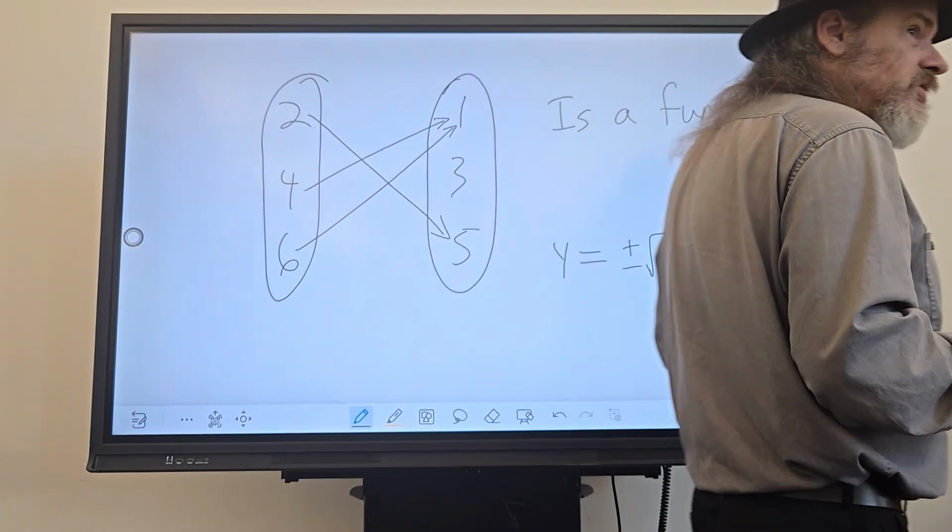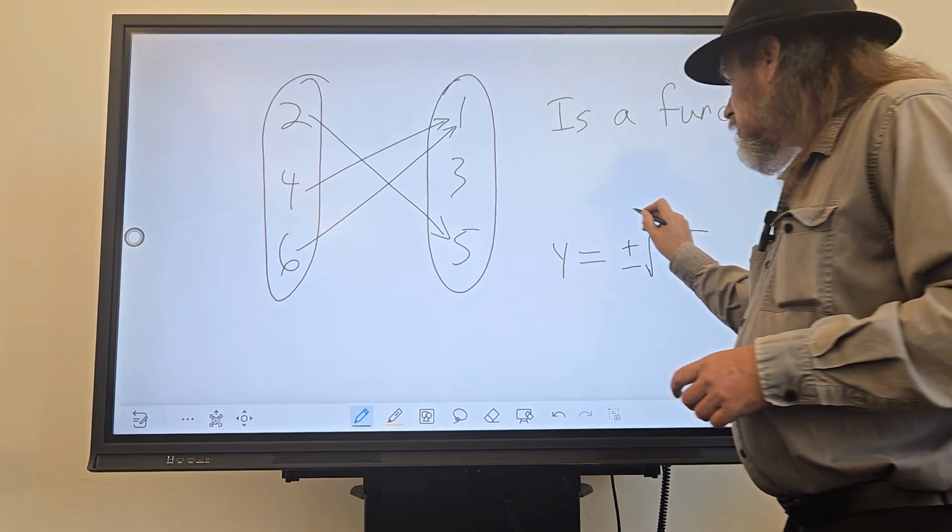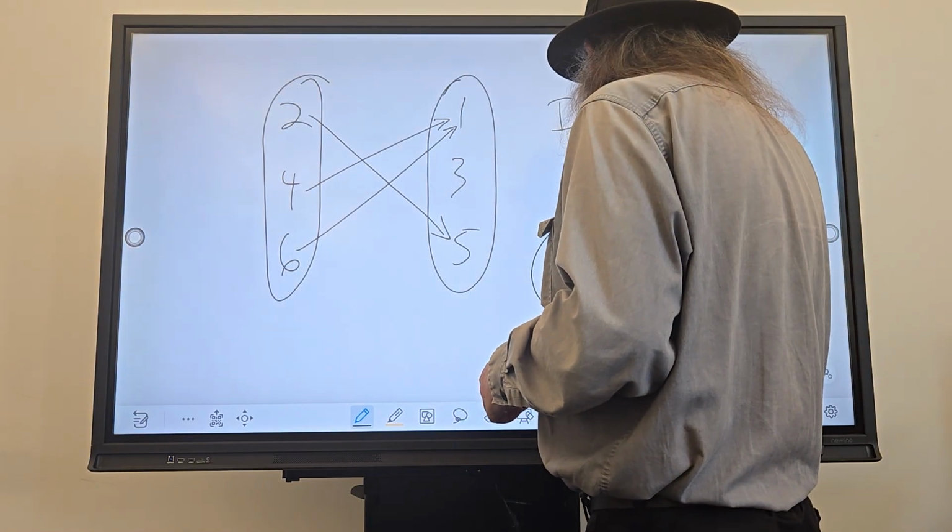That is not a function, because it returns two values. The square root of 4 is either 2 or minus 2. You have to specify whether or not you want the negative square root or the positive square root. So, not a function.